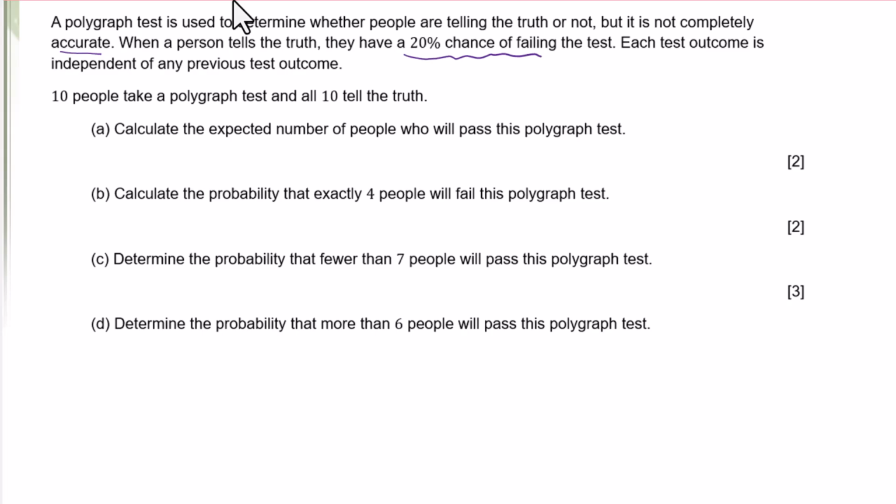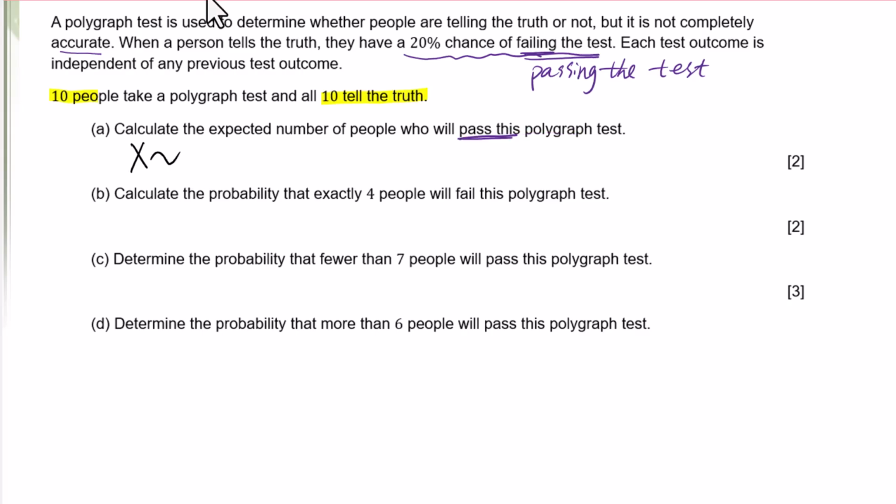From the given information, we know this is a binomial distribution because there are two outcomes: failing the test or passing the test. A. Calculate the expected number of people who will pass the polygraph test.